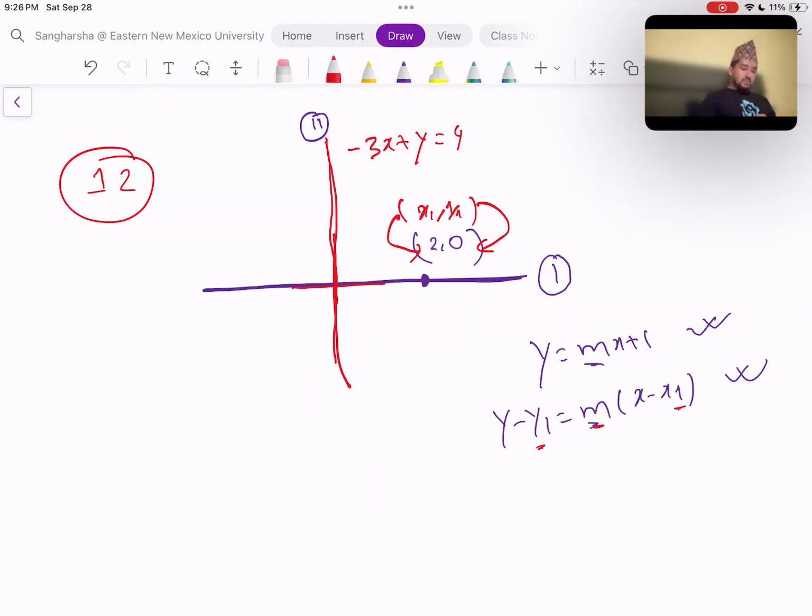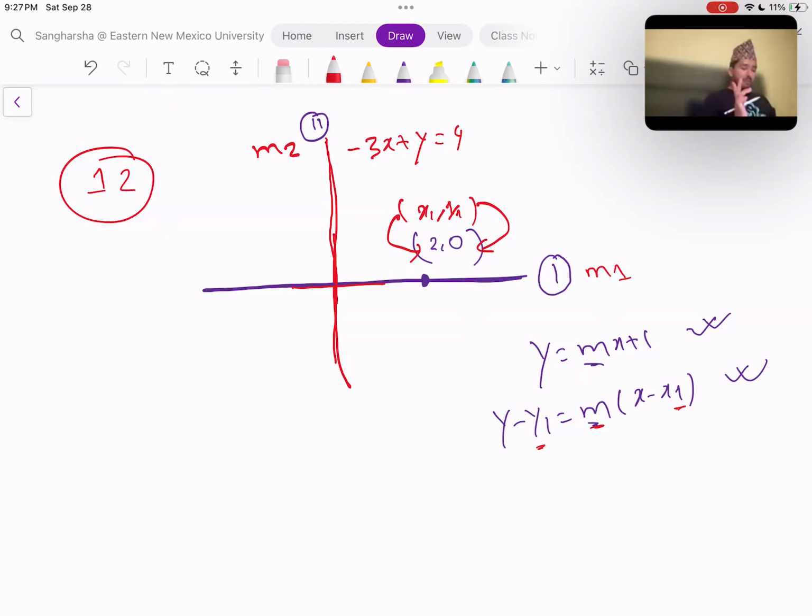Let me call the slope of line 1 m1 and the slope of line 2 m2. We know the lines are perpendicular, so how are their slopes related?